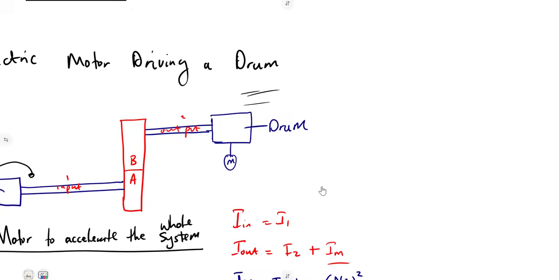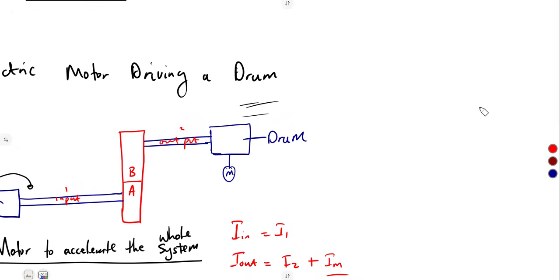If I want to affect only A, that is the torque required to accelerate the pinion, gear A, the driver, it must come from the moment of inertia of A times angular acceleration for A. If it is for B, it must be taken from B. Remember when I was talking about I1 there, I said it's a combined thing.